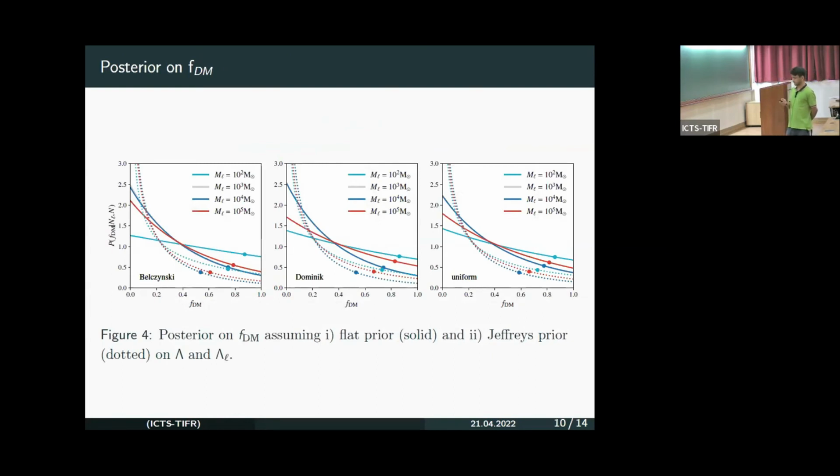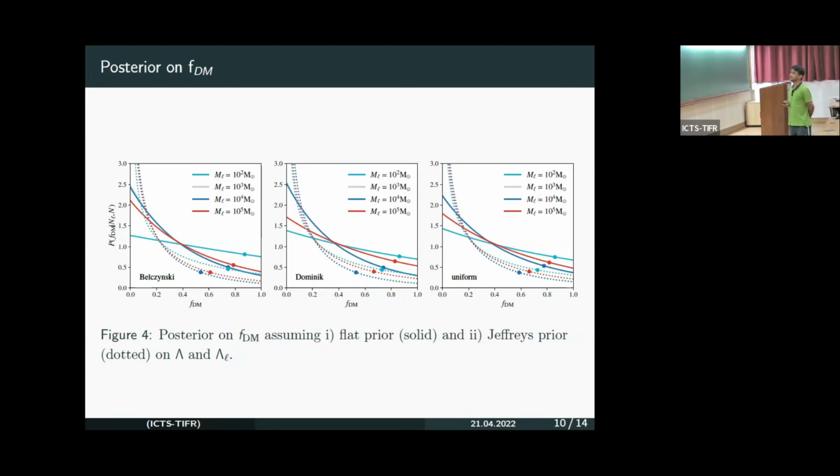Then this plot shows you, once you have calculated your Jacobian and also the posterior on your lensed events ratio, then you can translate this to calculate the posterior on FDM. So this plot shows you the posterior on FDM given the data NL and N, and this is done for 100 to 100,000 solar mass lensed events.